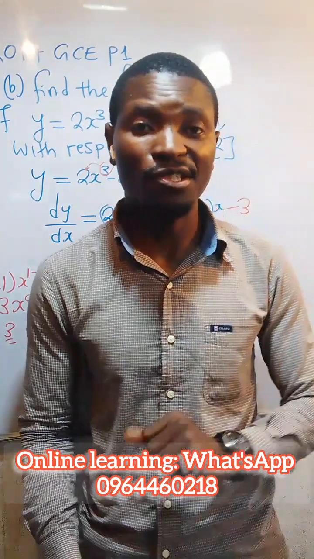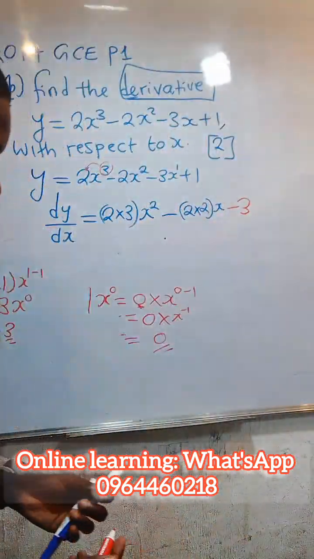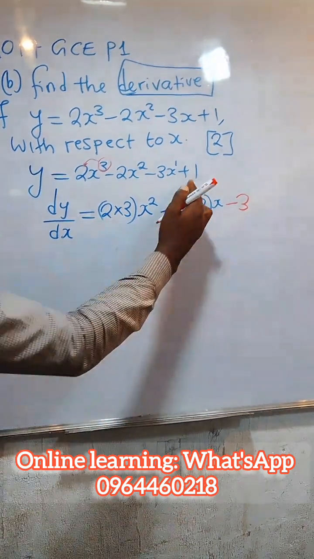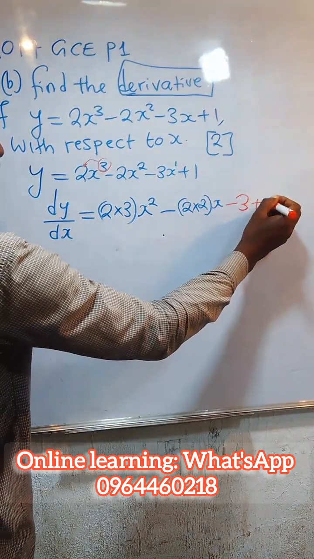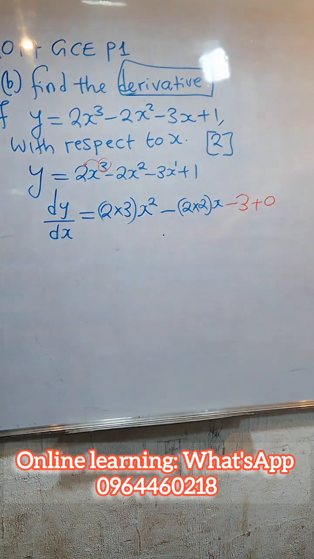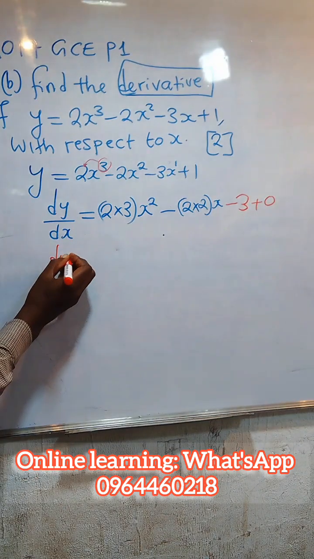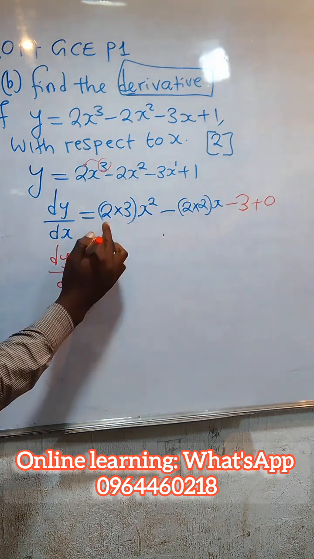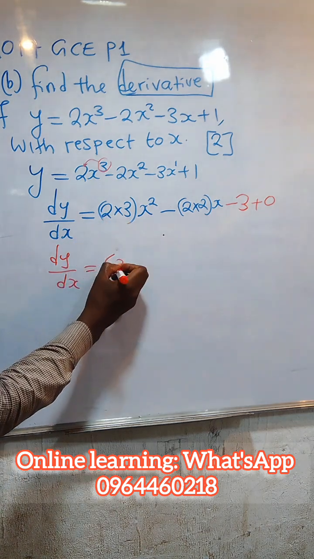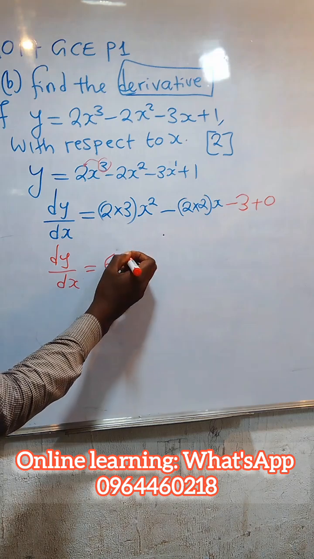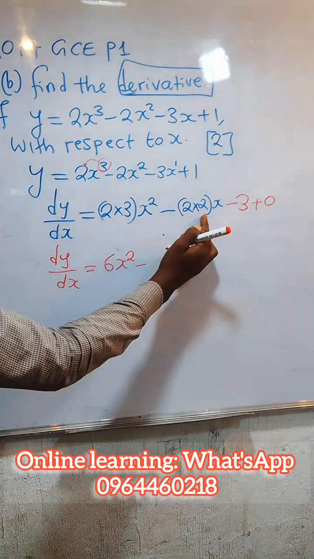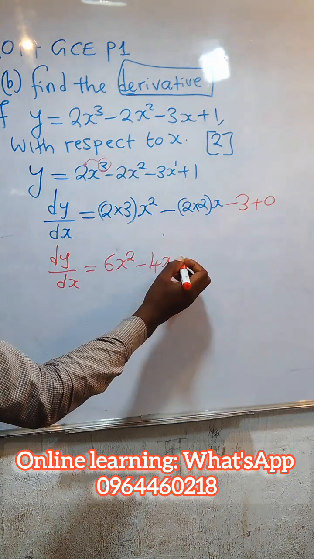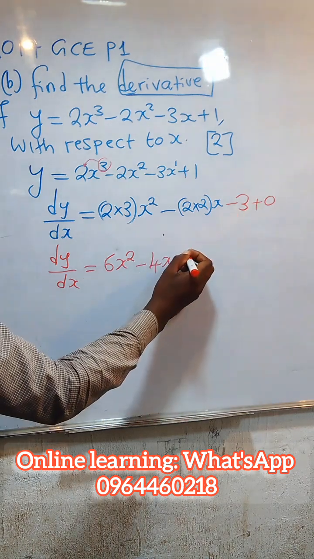So now let us finish our work. This is just going to be plus 0. So from there, dy over dx will be equal to this times that, 6x to the power 2, minus this times this, we have 4x, minus 3.